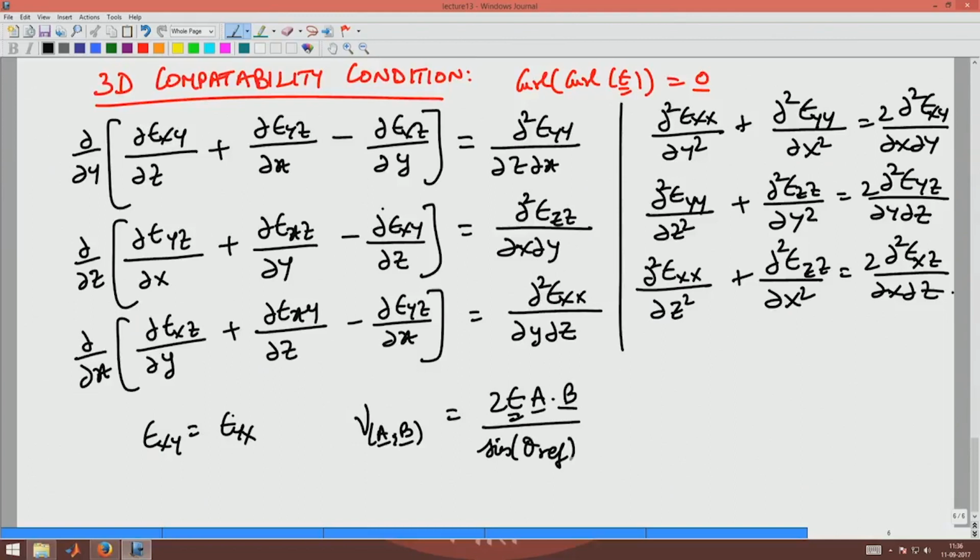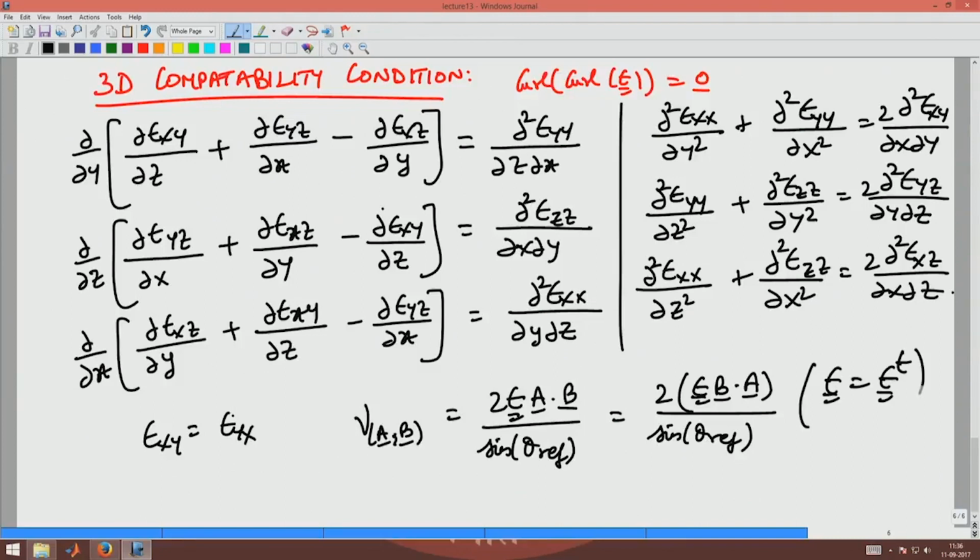From the definition of transpose, this will be the same as 2 times B dot ε dot A divided by sine of θ_ref. So, it does not matter with what vector you prefix the ε. It does not matter on which vector the linearized strain acts, this will be the same because ε is equal to ε transpose by the way we have defined ε.